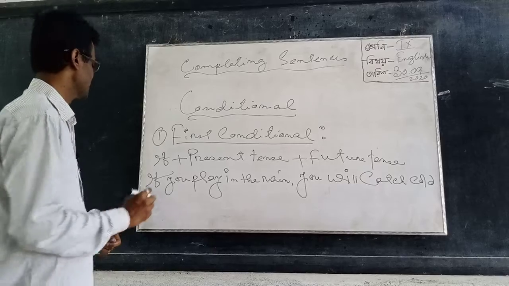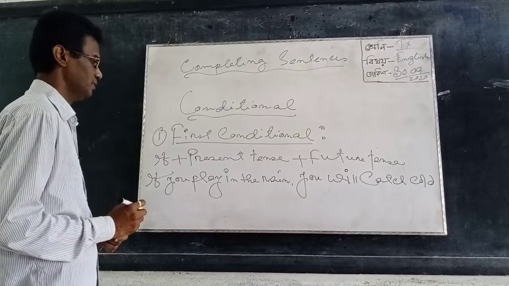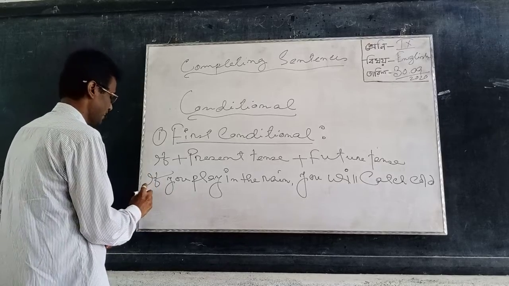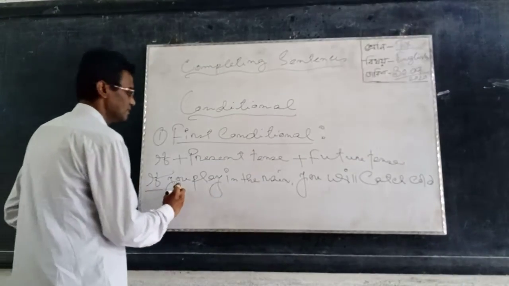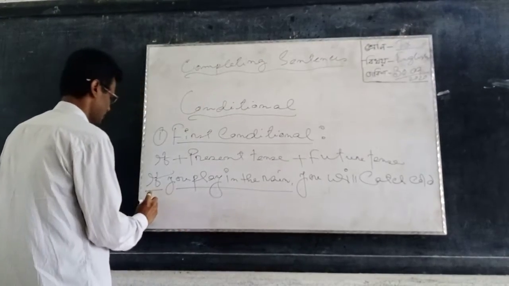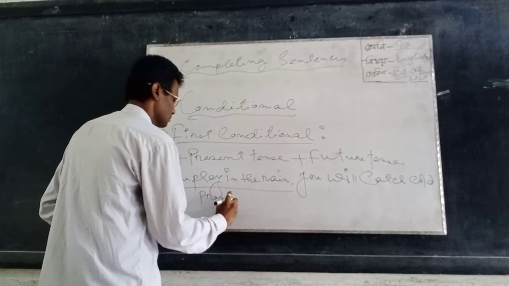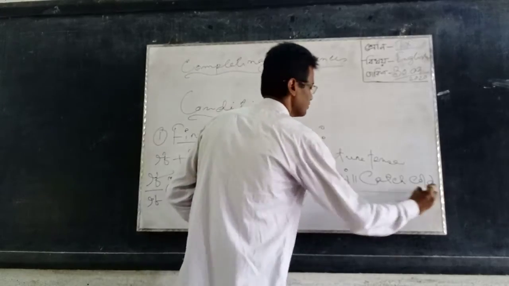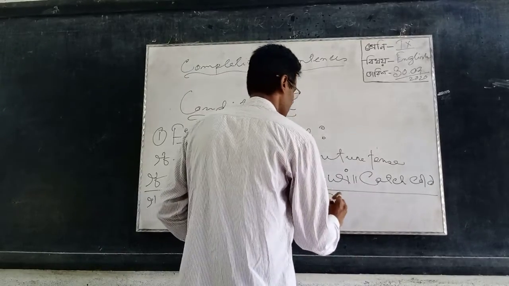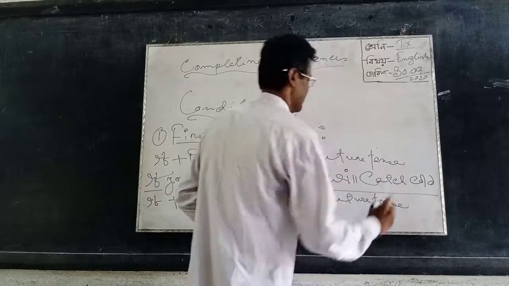Dear learners, try to understand. Write on the whiteboard: from the very beginning of the sentence, if. Is it clear? Next, present tense, then in the next clause the future tense.